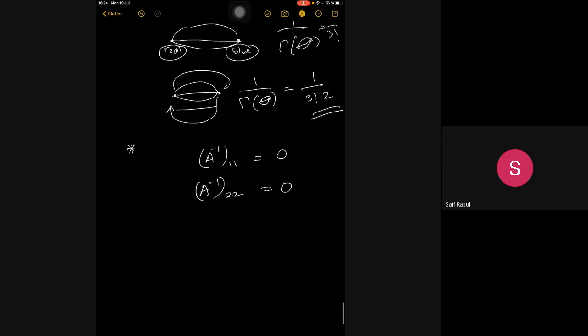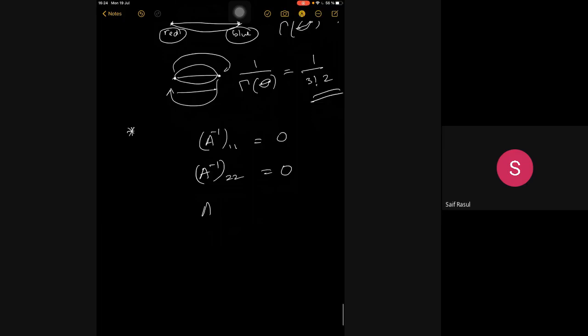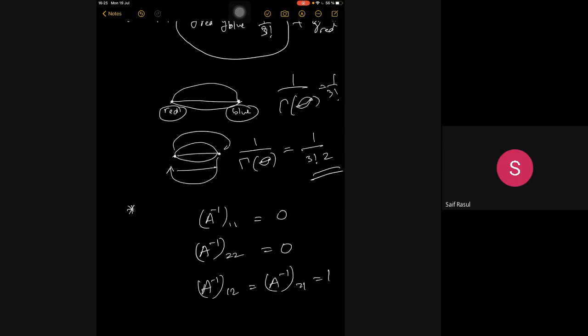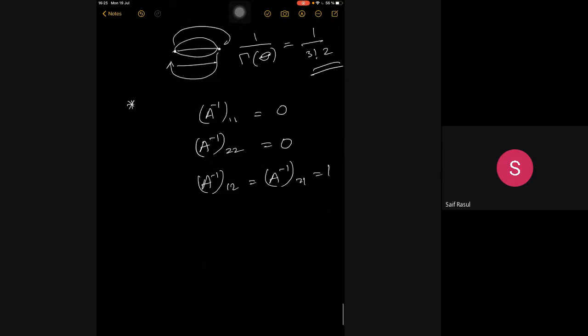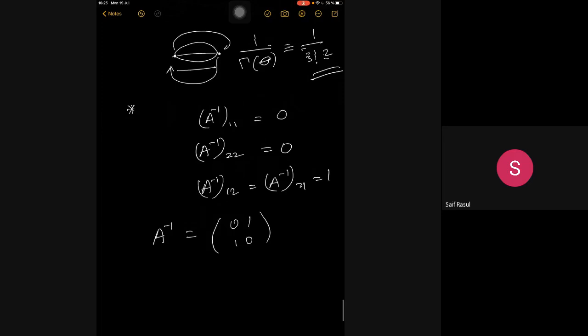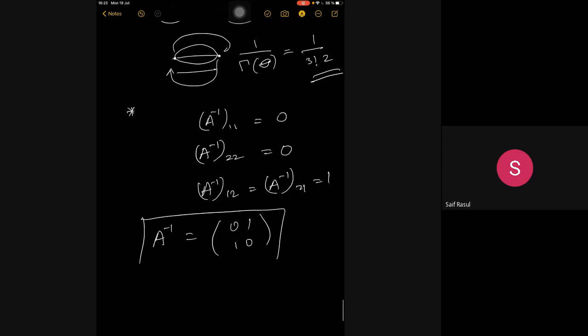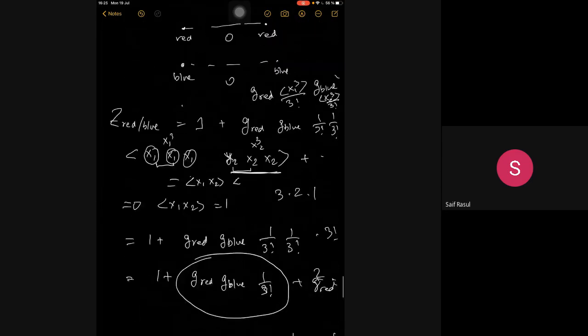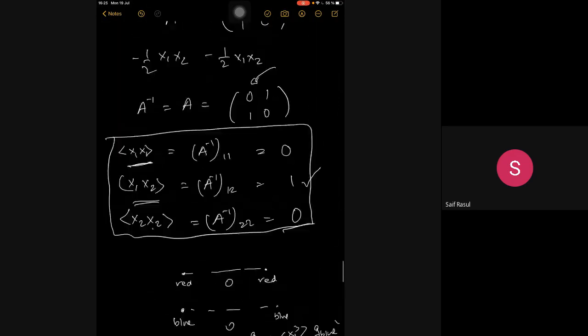The only non-zero components would be 1,2 and 2,1, right? So if you know how these connect, you can use this inverse matrix and find its inverse, and you can ultimately find the red-blue partition function.